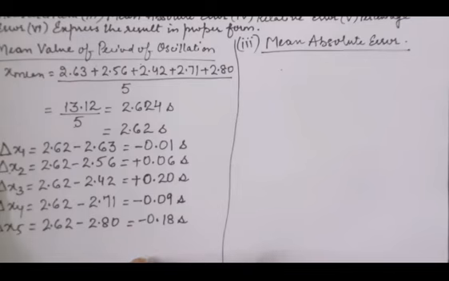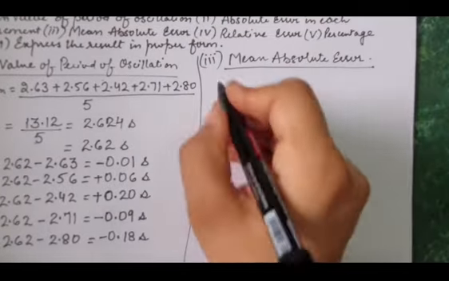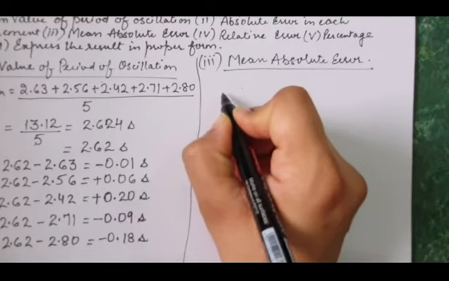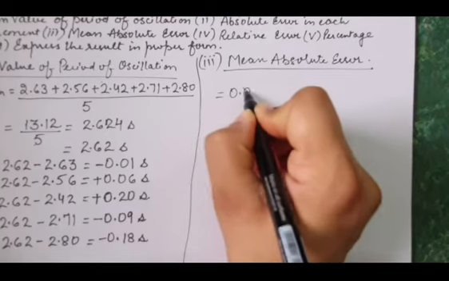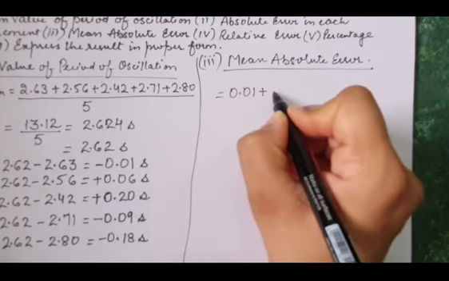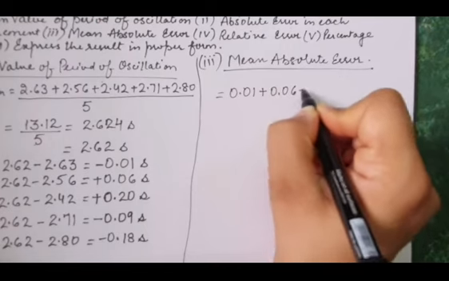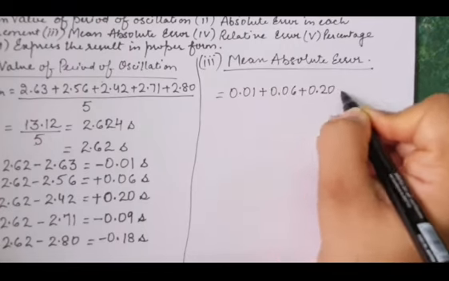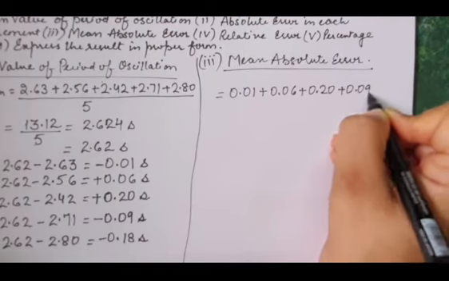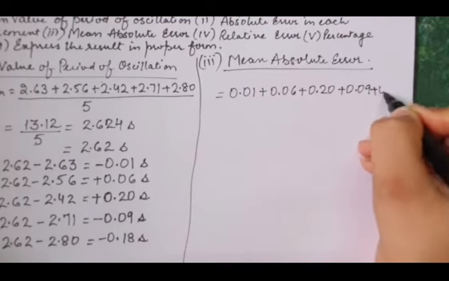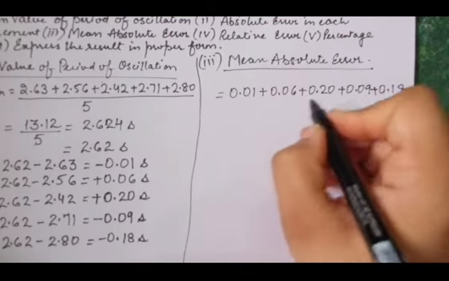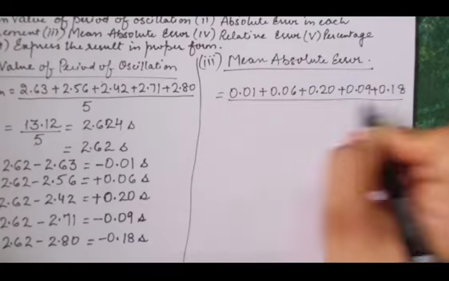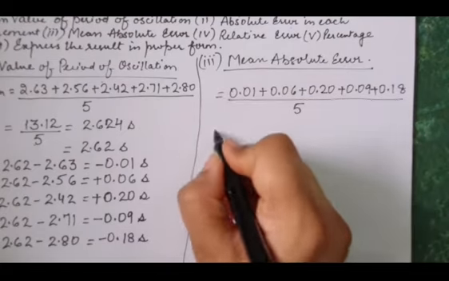We add all these errors to calculate the total error. So let's add all these values: 0.01 plus 0.06 plus 0.20, 0.09 plus 0.18. Divide it by the number of readings, that is 5.